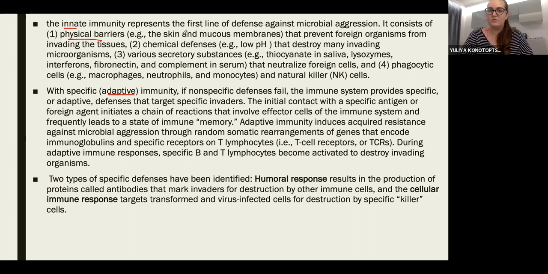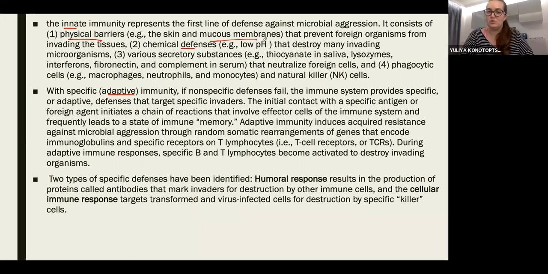Mucous membrane, so your mucosa, which lines your gastrointestinal tract, urinary tract, or respiratory tract, also protects your body from within. So if skin protects you from outside, mucosa protects you from within. It makes sure that nothing can easily diffuse.